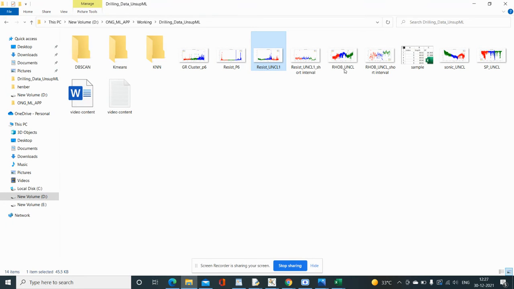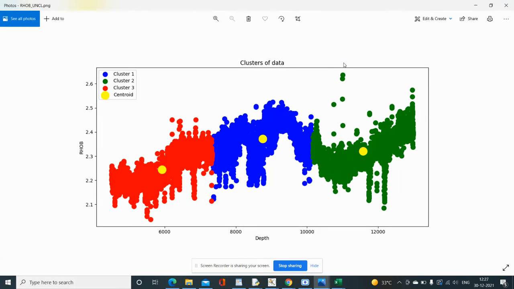Okay, so next one is bulk density data. Here also we can see that there is a trend. As I told earlier, it is the pure, true behavior of the formation, because all these responses are not influenced by external factors other than calibration. So we can see that there is a trend, and this bulk density data is falling under three clusters.